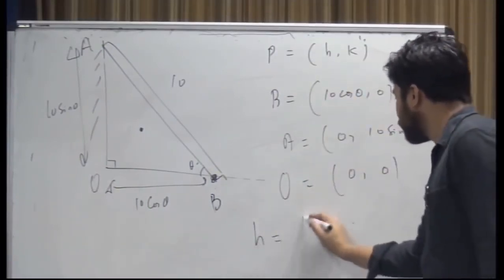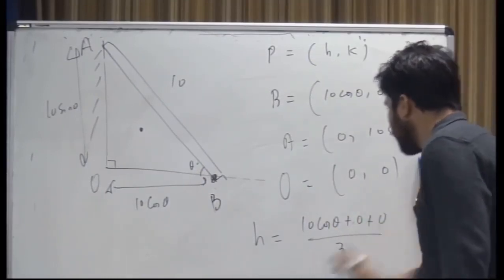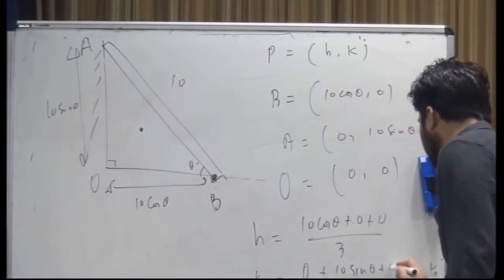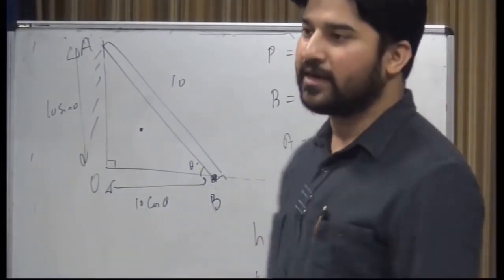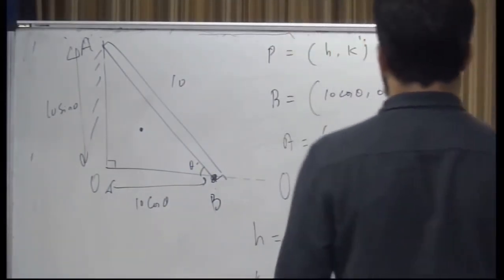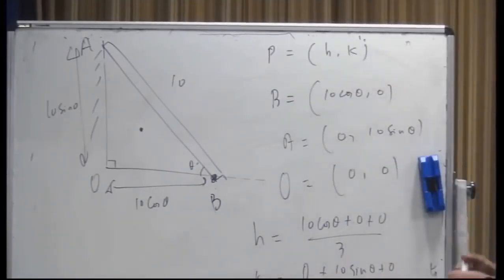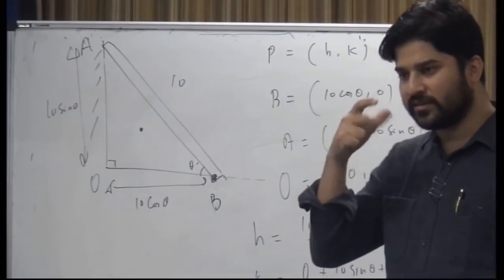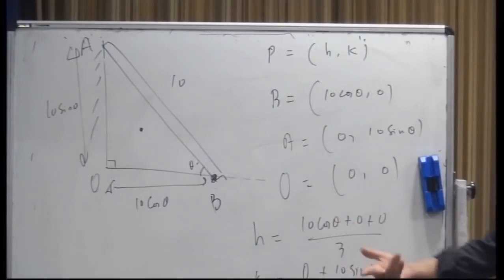H would be equal to 10 cos theta plus 0 by 3, and K is going to be 0 plus 10 sin theta plus 0 by 3, which you can easily handle, which is again going to be a square. Clear? Yes, sir. Is it going difficult or easy? Easy. Those who have missed the idea will find it difficult. But still I am repeating the idea every time, right? Okay?